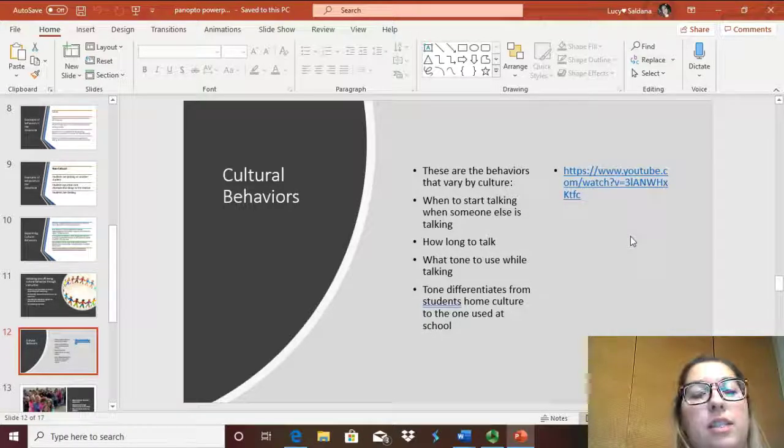So this is talking about cultural behaviors. These behaviors are culturally and linguistically determined. These are some of the behaviors that vary by culture. In different cultures, some kids respect adults and teachers more.